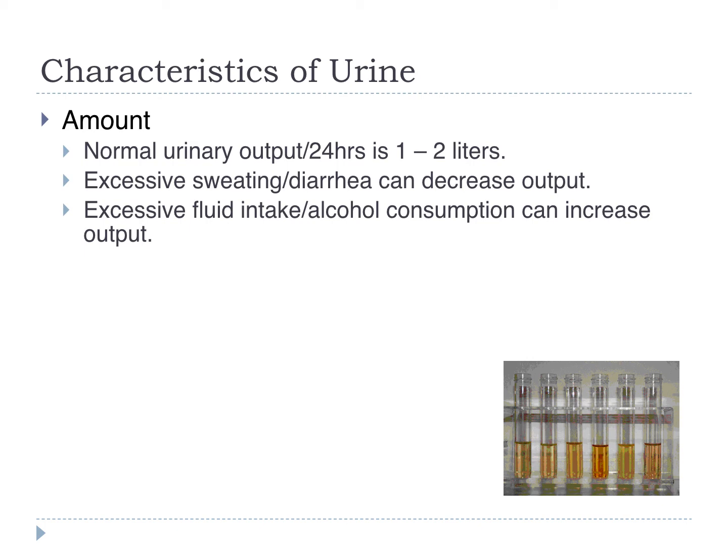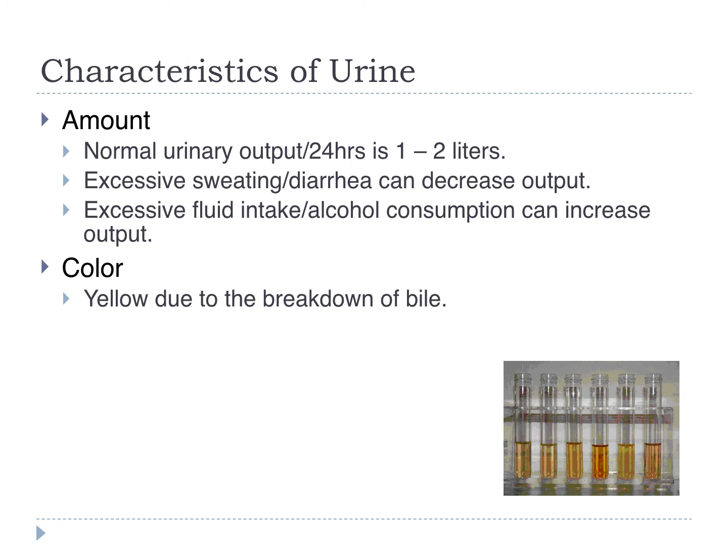So if you're sweating, you've got diarrhea, you're releasing too much liquid, you're probably going to have lower urinary output because the body is trying to hold on to as much water as possible. On the flip side, if you are very saturated in water or fluid, or you've been consuming alcohol, this increases the output. You're trying to get rid of what the body doesn't need.